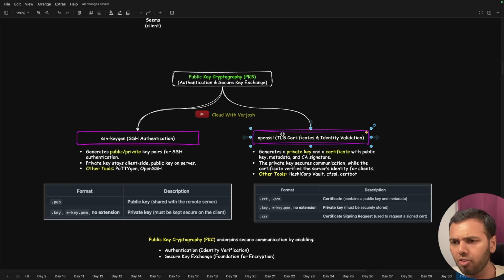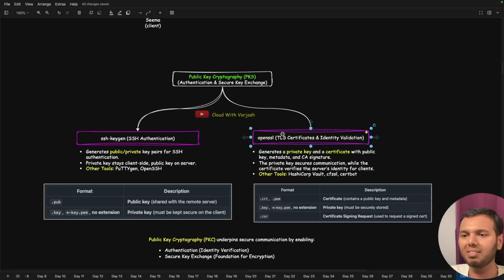Now, a lot of students think that TLS is something that is exclusive to HTTPS. It is not like that. Other application layer protocols such as SMTP and IMAP also use TLS. They all are using TLS behind the scenes. So it is incorrect to say that TLS is exclusive to HTTPS.